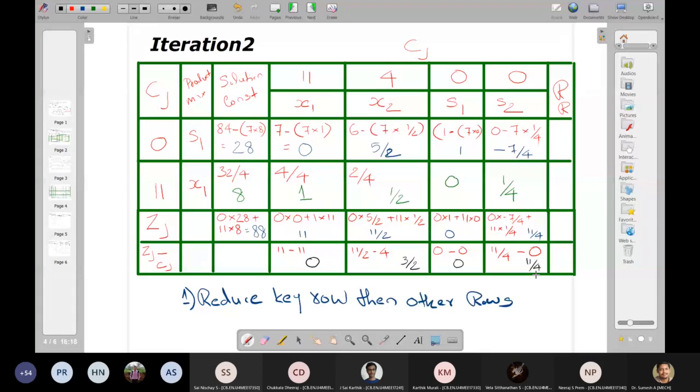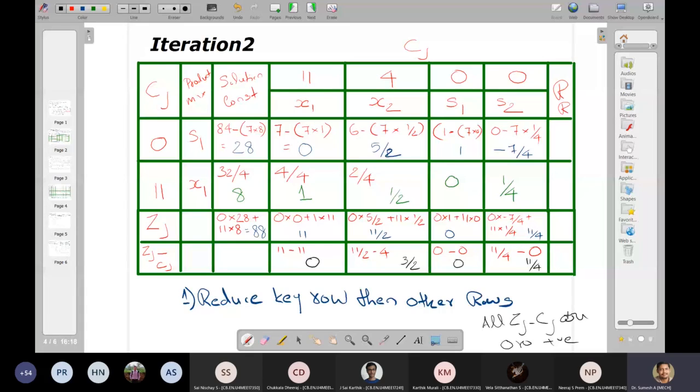Why? Because all are positive values, sir. Yes, the Zj minus Cj values are either 0 or positive, so that is the end of your iterations. All Zj minus Cj are 0 or positive, so you can terminate.